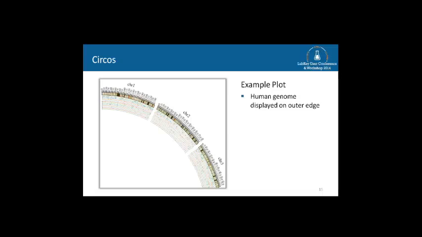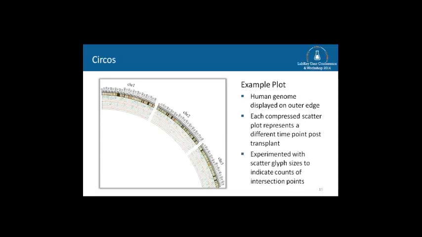So we have the genome on the outer edge. Each radial line represents a compressed scatter plot. So it's a different time point for the same subject post-transplant, and each dot on the scatter plot represents an intersection point in the genome.